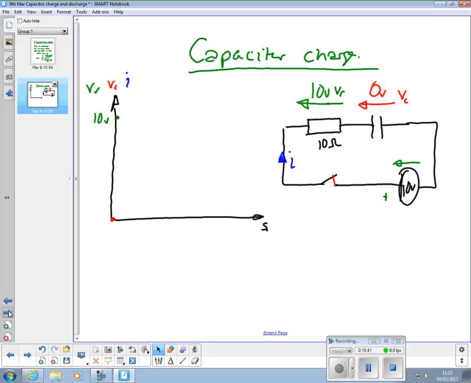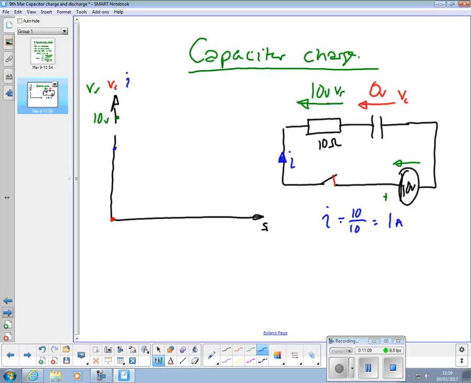Yeah. So at the instant of turn on, little i must be the 10 volts over the 10 ohms, 1 amp. Everyone happy with that? So in terms of current, I'm going to make this dot up here also. In fact, I'll reduce the current axis a little bit.